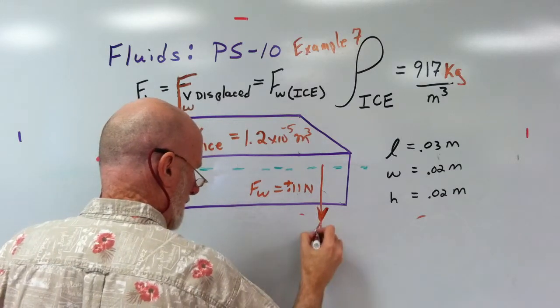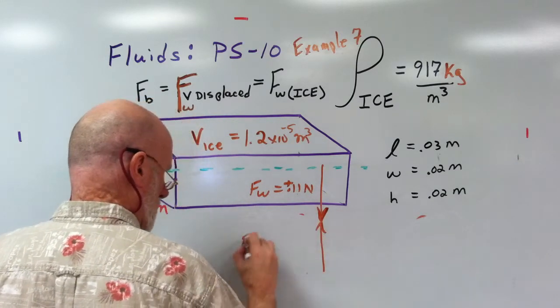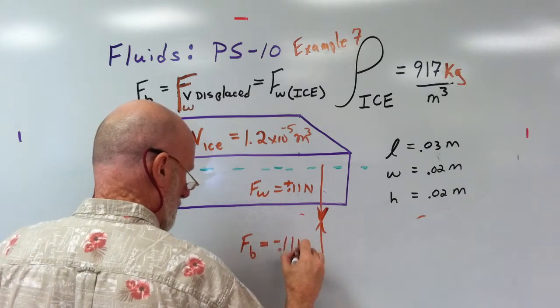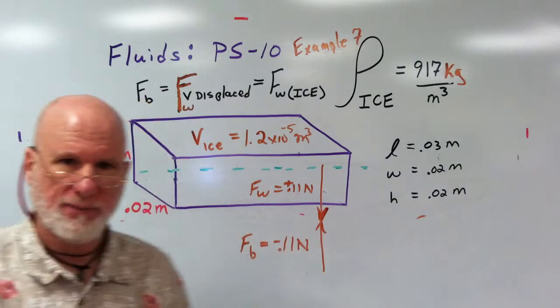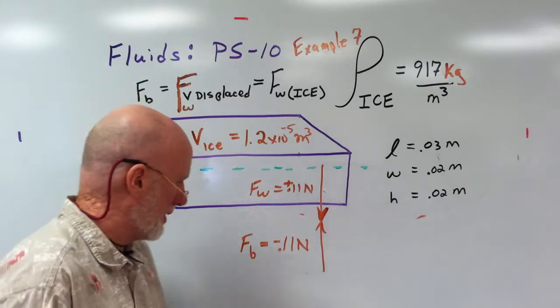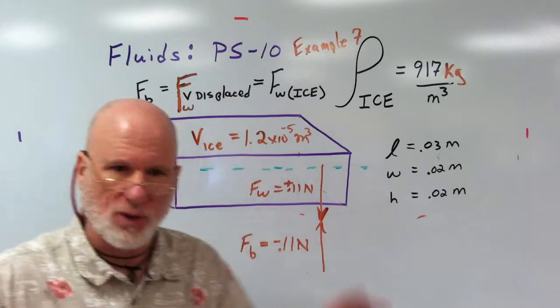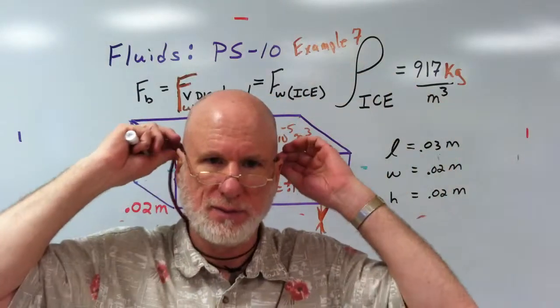And then I have the buoyant force, which equals negative 0.11 newtons, okay? So the buoyant force is going to be going up. I know that's the weight, I know it's equal to the buoyant force, so we're all done, okay?